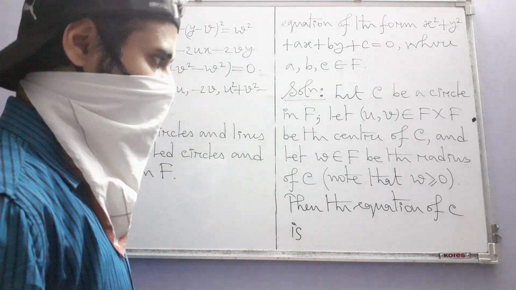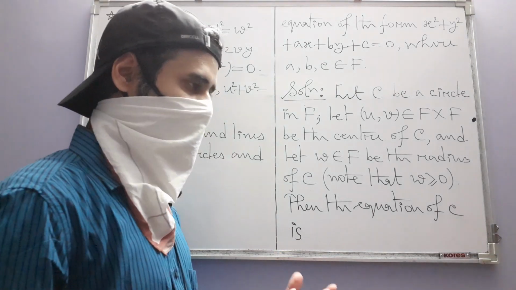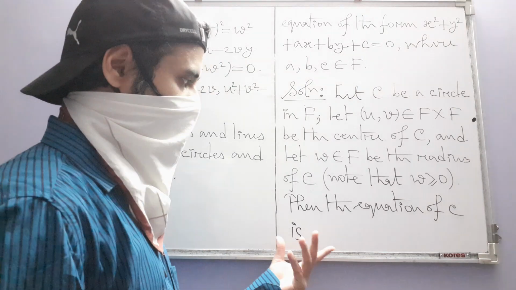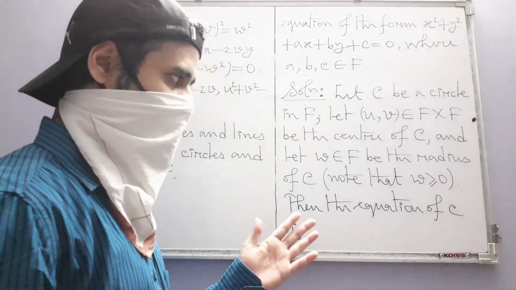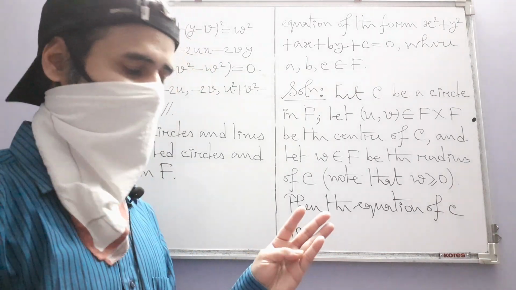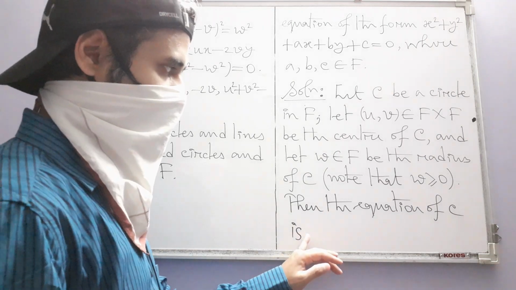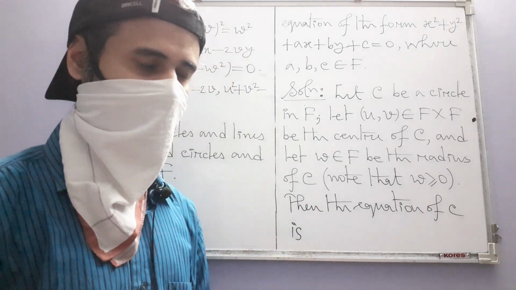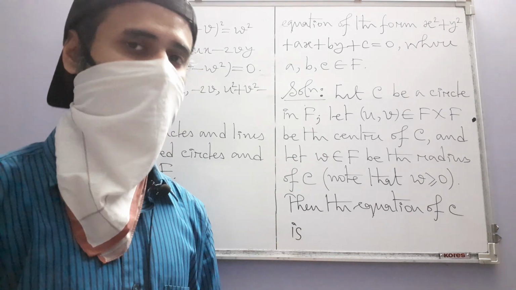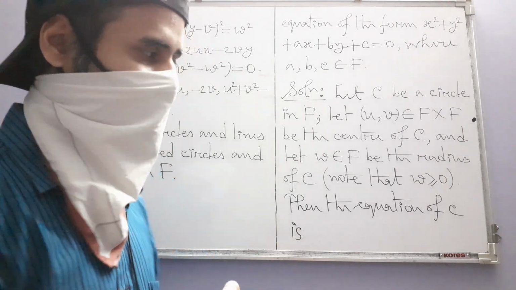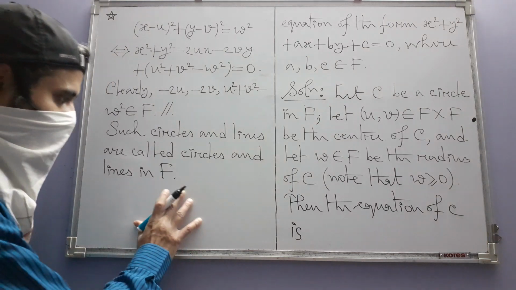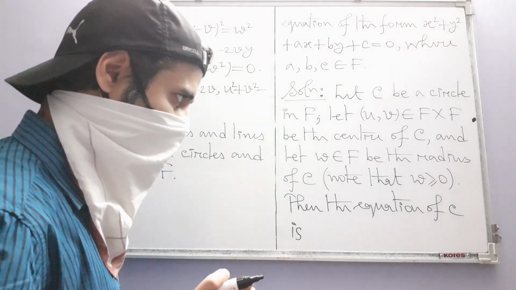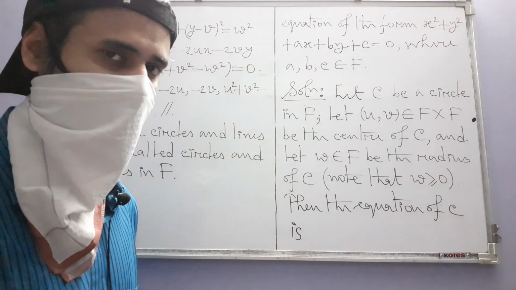Okay, so now that we have seen what happens to the equations of these geometric objects, that is lines and circles, when we restrict some things about them inside F, inside the subfield F, now we can see what happens when you intersect two such objects.